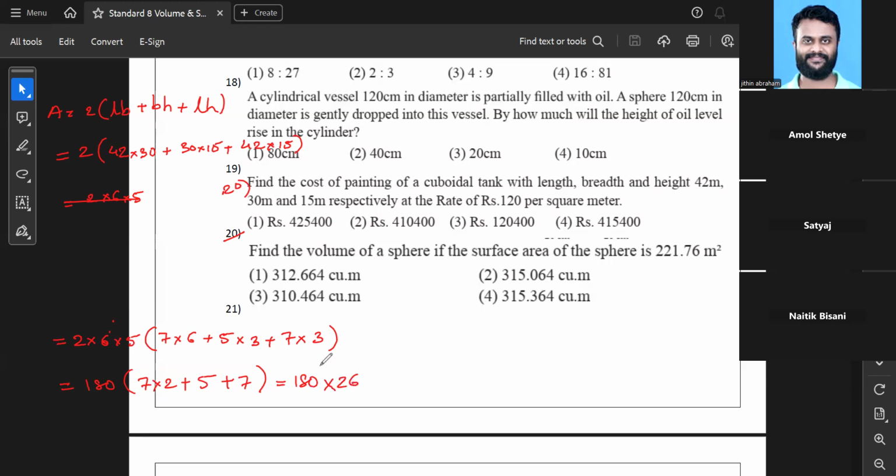which is how much? 4680. हाँ, correct. 180 times 26 is 4680. Correct.